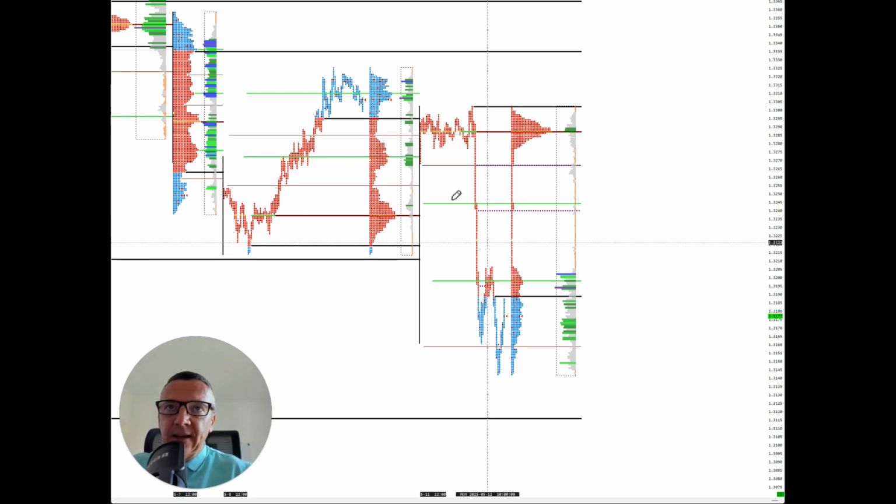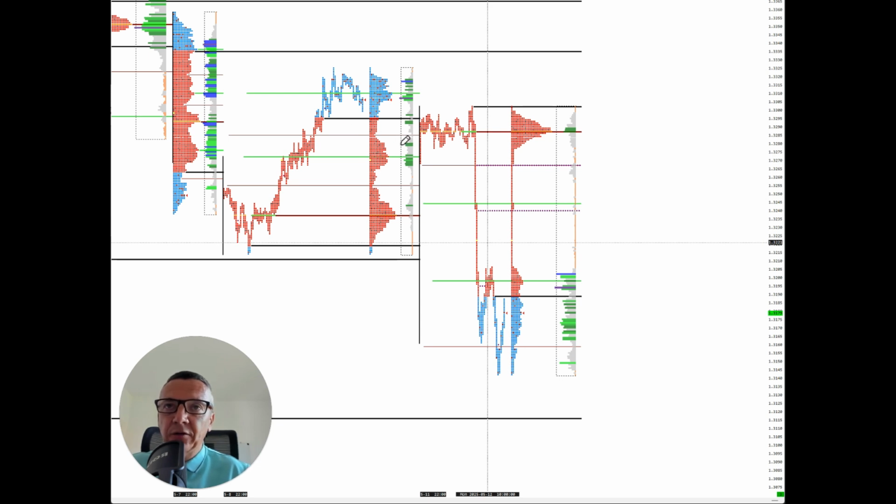So as we can see, this is the Friday profile, and this is today's profile, Monday. Excuse my writing because I'm doing it with a mouse. This morning, this information was already printed, so this is not lagging behind like a retail indicator.